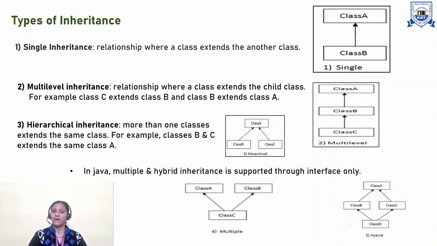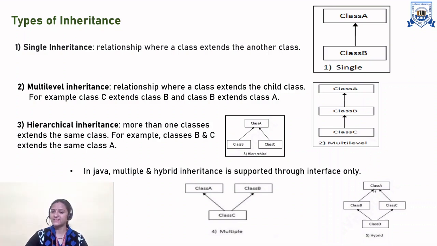In Java, multiple and hybrid inheritance is supported only through interface. It is not possible with the help of inheritance. In multiple inheritance, a class is trying to share the features from two parent classes.